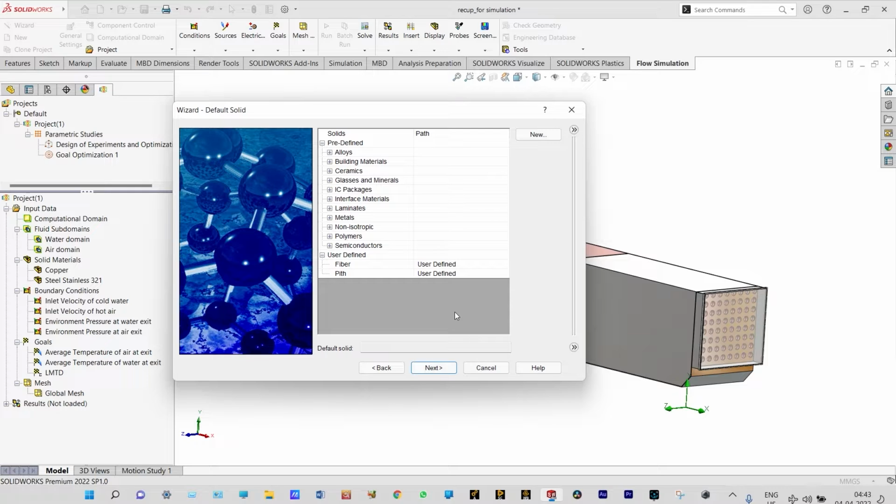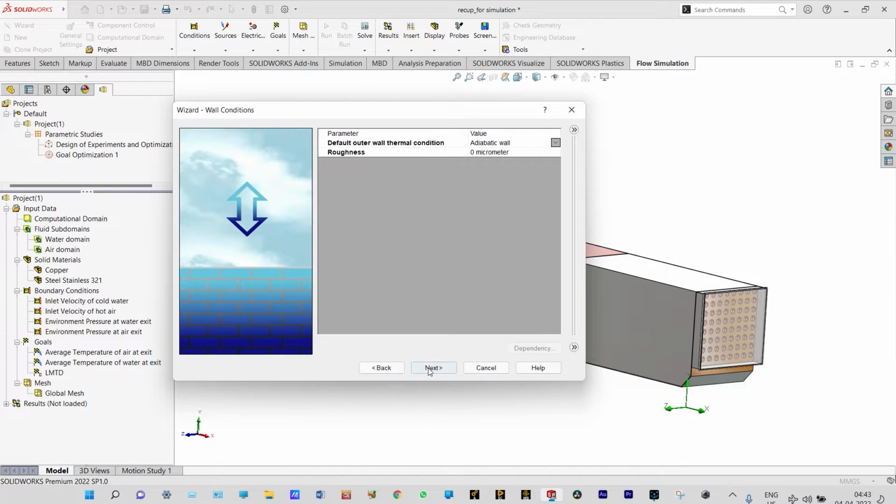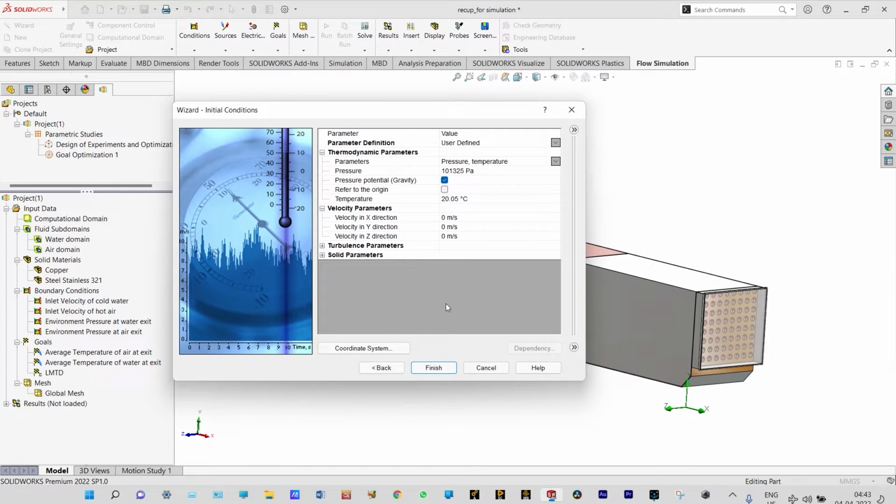We are considering the inner part is made up of copper, that is tubes are made up of copper, and the shell is made up of stainless steel 321. So from here we can select metals, and it will be copper, and the other element will be selected during application of boundary conditions. Next to that, we need to select default outer wall thermal conditions and roughness, and finally we'll select thermodynamic parameters as pressure should be 101.325 Pascal and temperature should be 20 degrees centigrade. Again, solid parameters also it will be 20 degrees centigrade. Let us finish this.